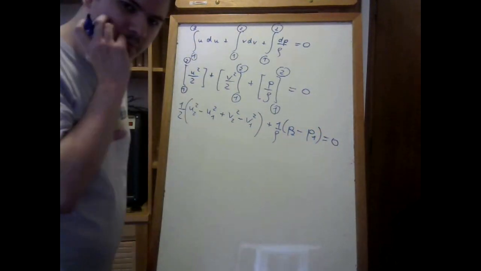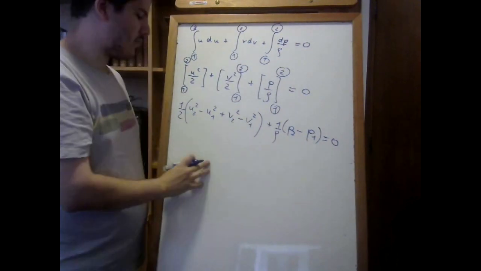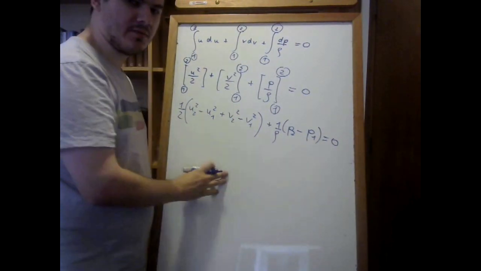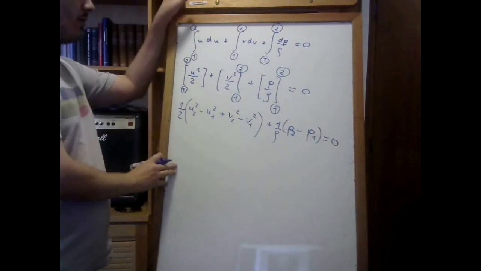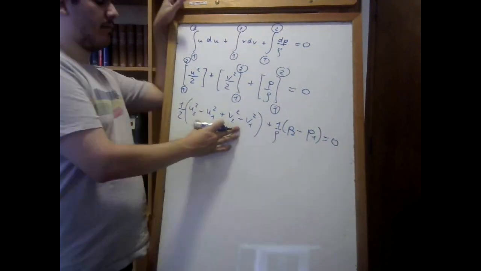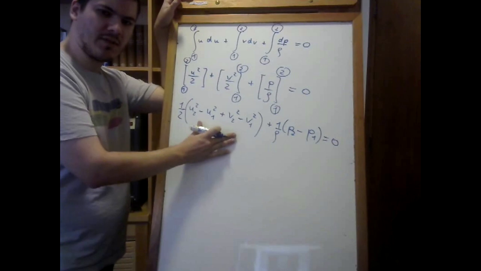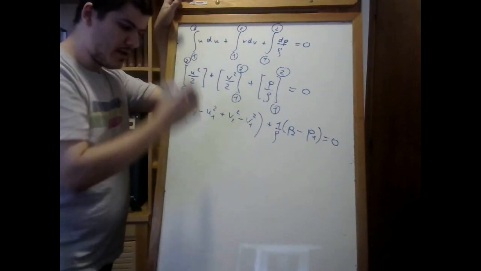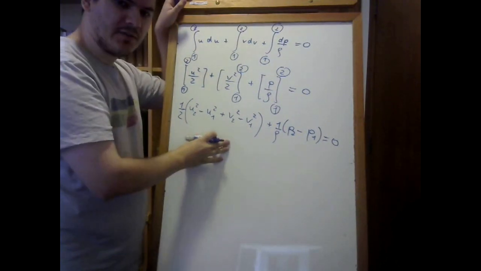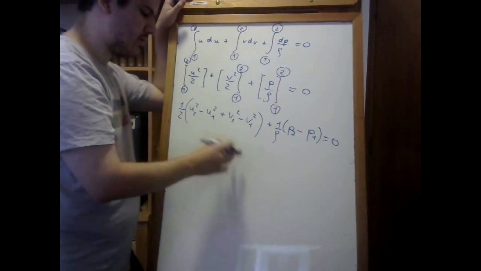So we already obtained the Bernoulli equations, but we must rearrange this equation here. So I'm going to put this equation in terms of the absolute value of the velocity, or modulus of the velocity.